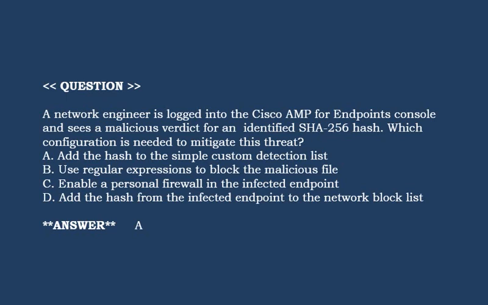Option B. Use regular expressions to block the malicious file. Option C. Enable a personal firewall in the infected endpoint. Option D. Add the hash from the infected endpoint to the network block list. Correct answer is option A.